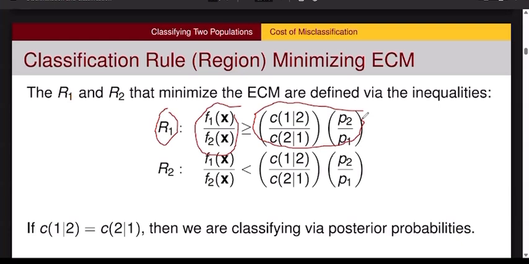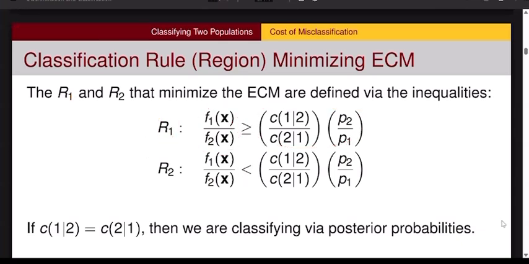So when that is greater or equal to that, we're going to classify the object into region 1. But when it is less, the two signs must not overlap. If one is greater or equal, the other will be strictly the opposite, which is going to be less than.